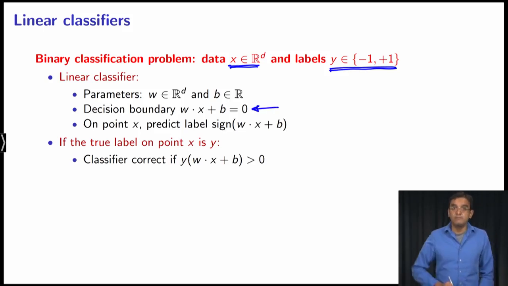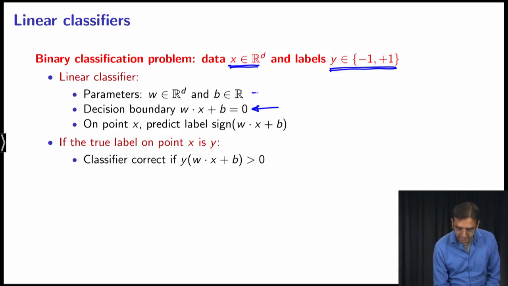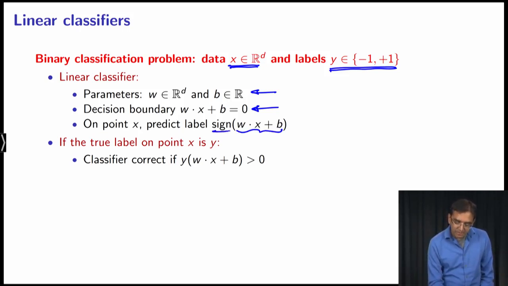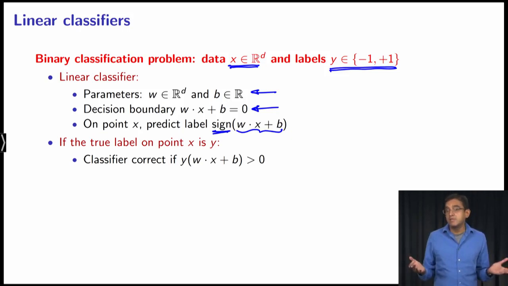It's of this form, w dot x plus b equals 0. Here, w and b are the parameters of the linear function that we have to figure out, typically from training data. When we get a new point x, and we have to predict its label, plus 1 or minus 1, we compute this linear function, and then we just return its sign. We just see whether it's positive or negative, and that's the answer.